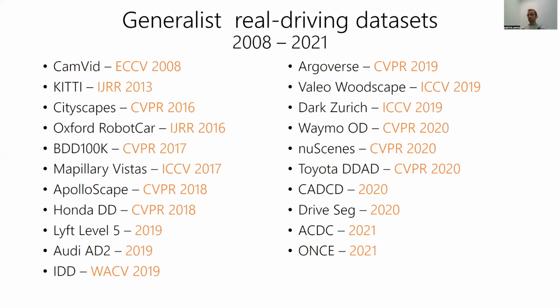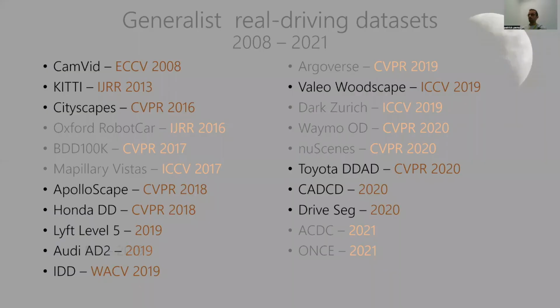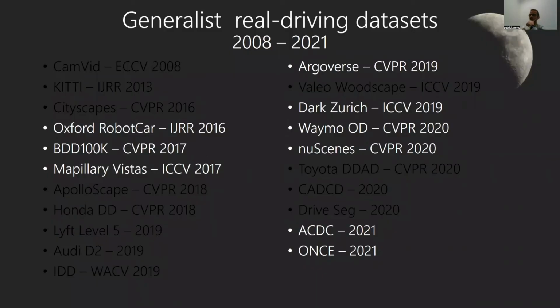But if you are, for instance, really after nighttime driving, which is again clearly an important challenge, then you might notice that there are not so many of them. Some of them are specialized on night driving, like Dark Zurich, but the others have only one fraction of nighttime data, so it's helpful, but it's still limited.